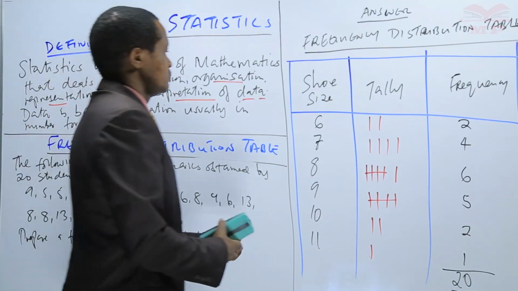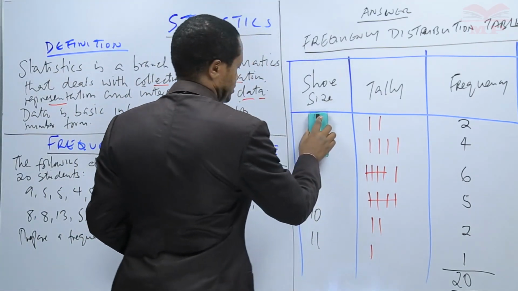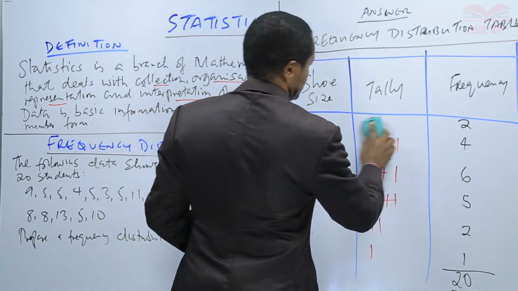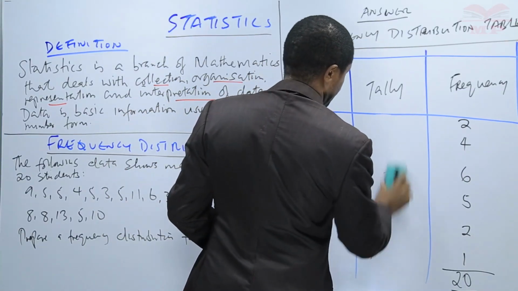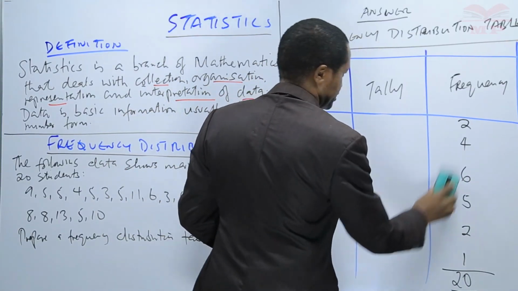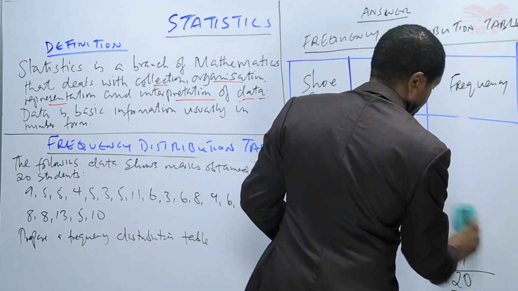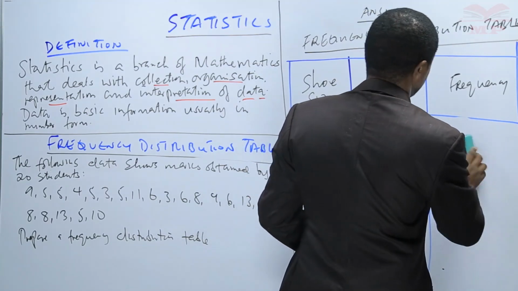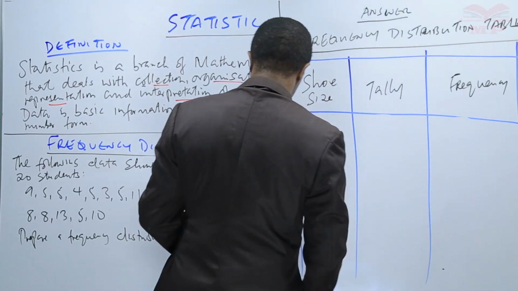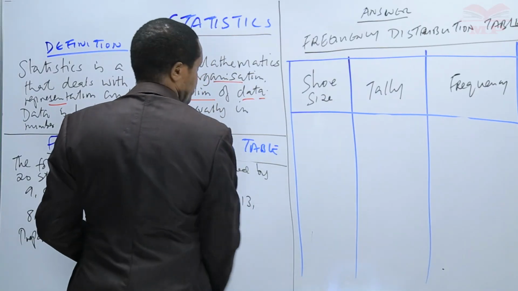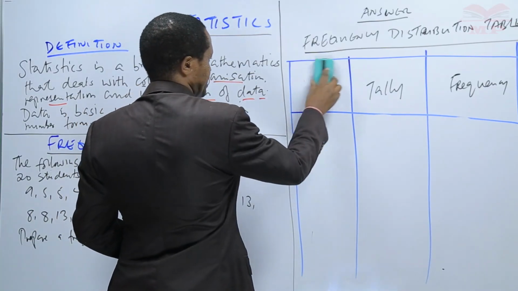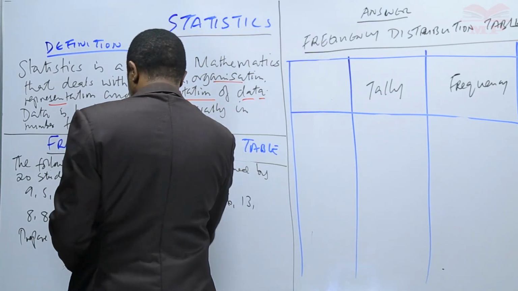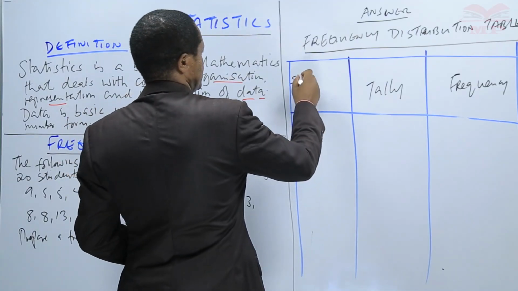So this is the table. We'll have the same format. The format is the same, the data is not the same. Here we have student marks.